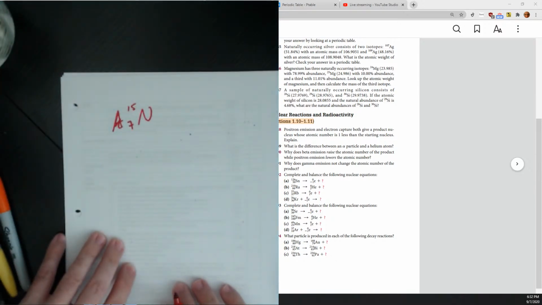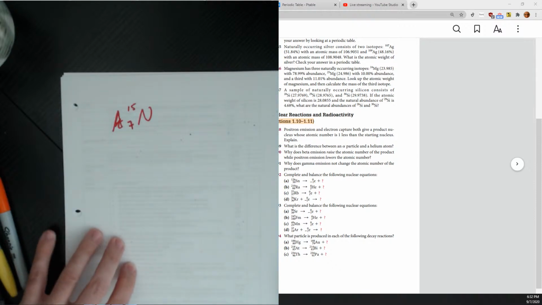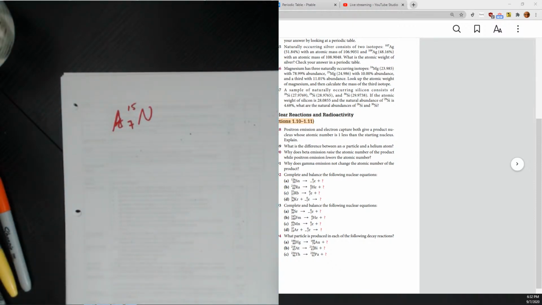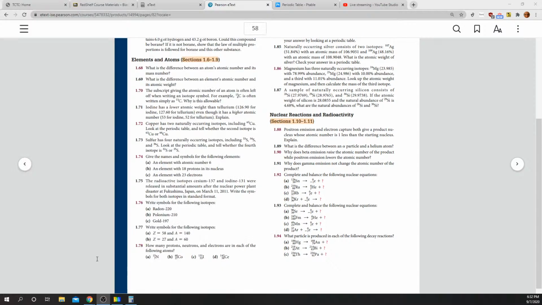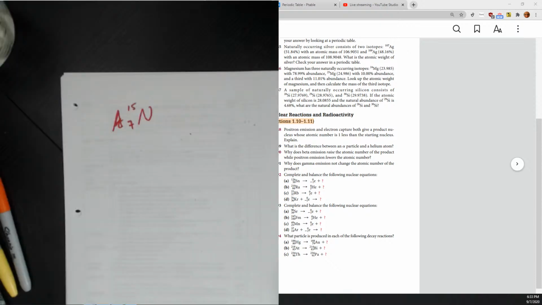Protons, neutrons, and electrons. Okay, to make it slightly more boring, they did not give a charge on any of these 4. If there was a charge, then we'd have to do a little bit of math to find out how many electrons have been gained or lost from the neutral atom. As it is, because these atoms are all neutral, they're going to have the same number of protons as electrons.